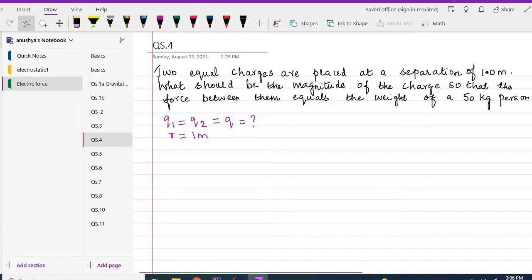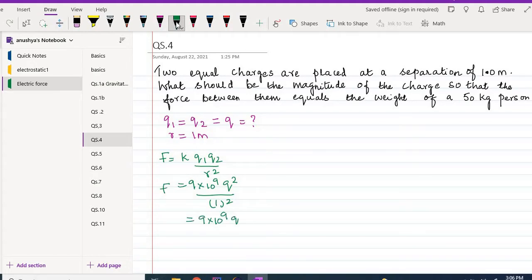So we know Coulomb's law, F is equal to K into Q1 into Q2 divided by R square. K, Coulomb's constant, is 9 into 10 to the power of 9, so F is equal to 9 into 10 to the power of 9 Q square divided by 1 the whole square, which is equal to 9 into 10 to the power of 9 Q square Newton.